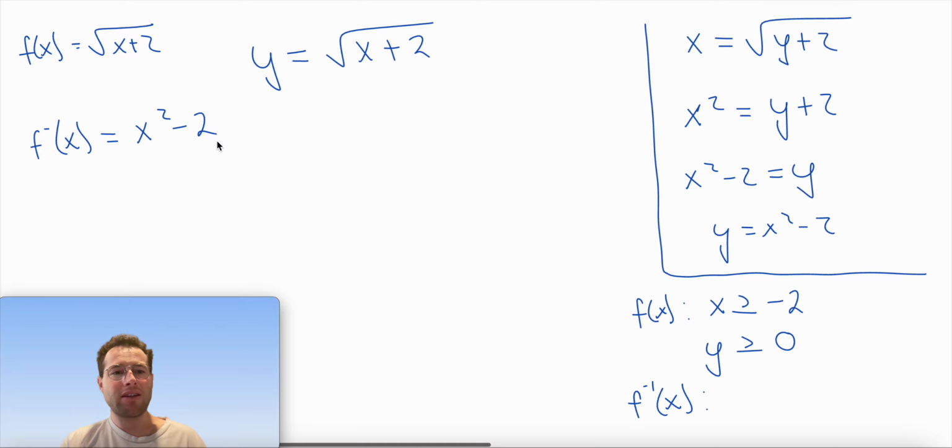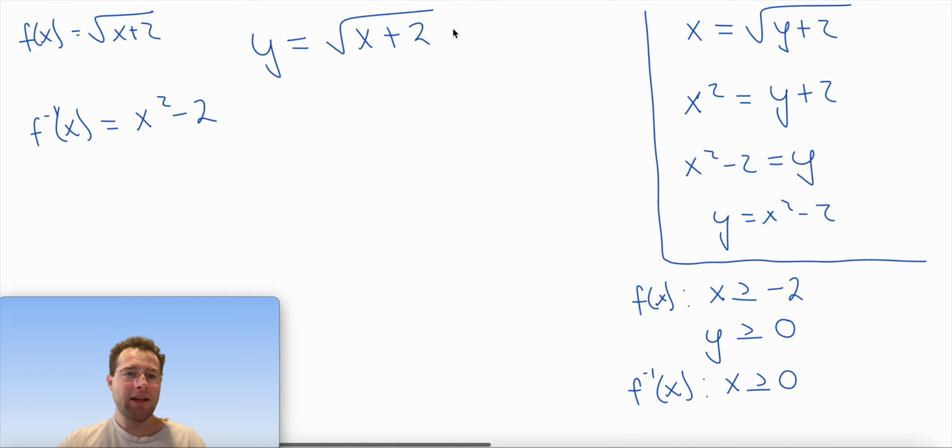But we have to take into consideration the original function and look at its range, because the range of the original function needs to match the domain of the inverse function. So this inverse function is going to have a modification on its domain, and that will be that x must be greater than or equal to 0.